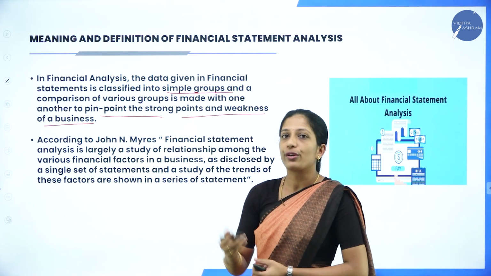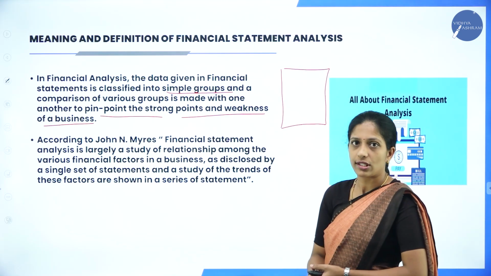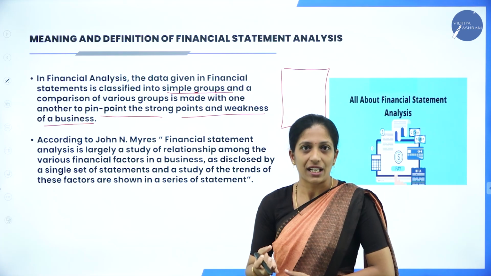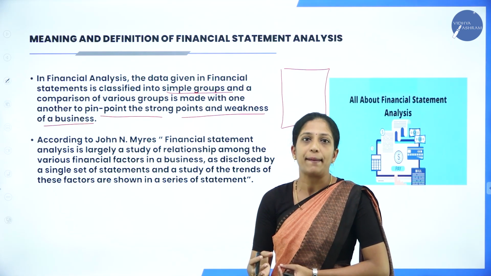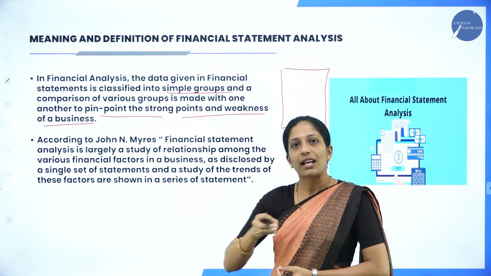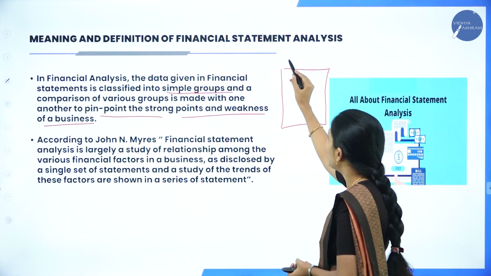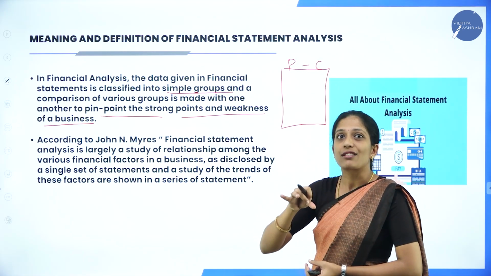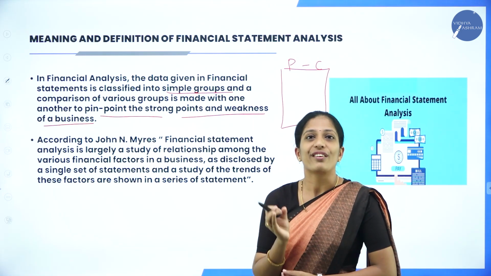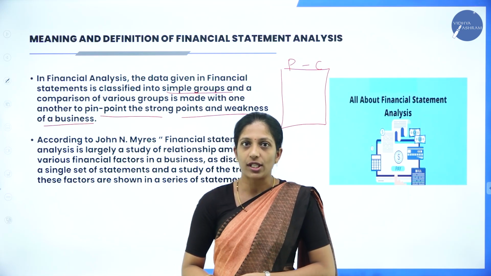I have already told you, you know about the financial statement, correct? Suppose this is a financial statement. You are going to group them into simple groups. For example, let us take only current liabilities. You are going to take all the current liabilities, then compare them with that of the previous year as well as the current year. So that grouping is called what? Analysis. You are going to study in detail each and every aspect of the financial statement.